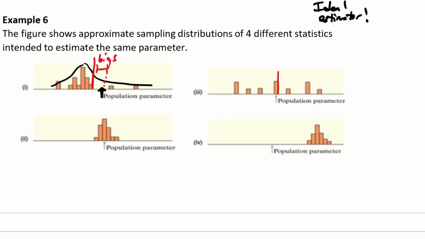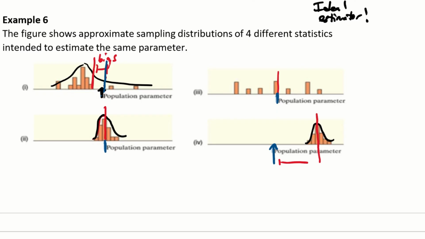This is the population, and the red and the blue match up. Here, the population parameter is right here. This is approximately symmetric. However, in the middle, look at the distance between these two. So that's high bias.